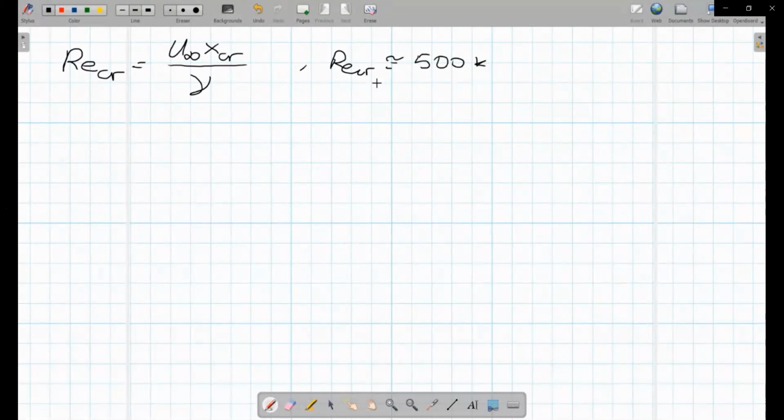After this point, the flow will go into transition and then to a turbulent state. But before we go there, we need a little more understanding about turbulence itself before we go to the equations of turbulent flow.